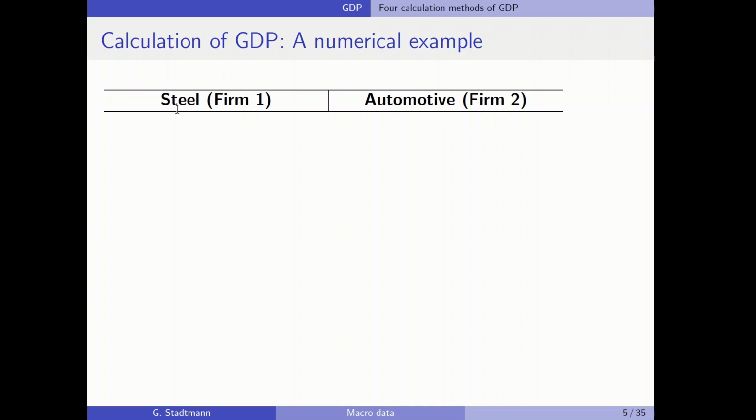Firm 1 is a steel company and firm 2 is an automotive company. The steel company is producing steel and is selling the steel to the automotive company, and the automotive company is using the steel as an input factor, as an intermediate good, and in the end the automotive company is producing cars and is selling these cars.